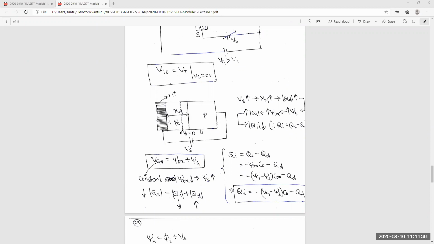Yes, so now we are increasing Vs. Here on the right side I have given it. This is Vs increase, and due to that XD also increases. Next, once XD increases, the number of depletion charges will increase or not? Yes. Next, QD also increases.